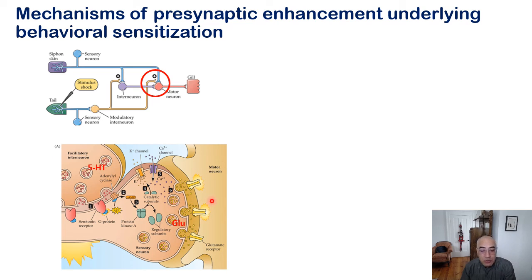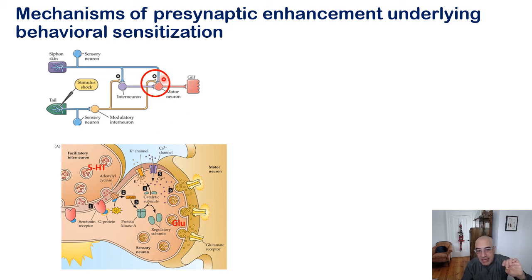The sensory motor synapse itself is a glutamatergic synapse. So a simple excitatory synapse, it releases glutamate, excites the motor neuron, right? It's gone through depression.